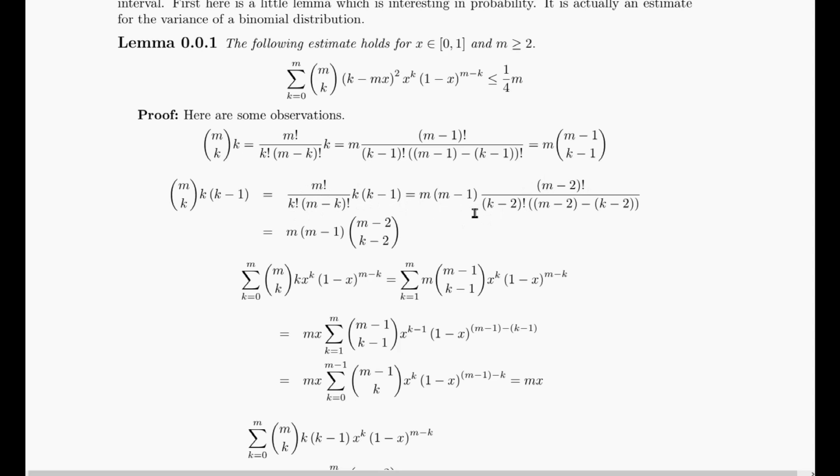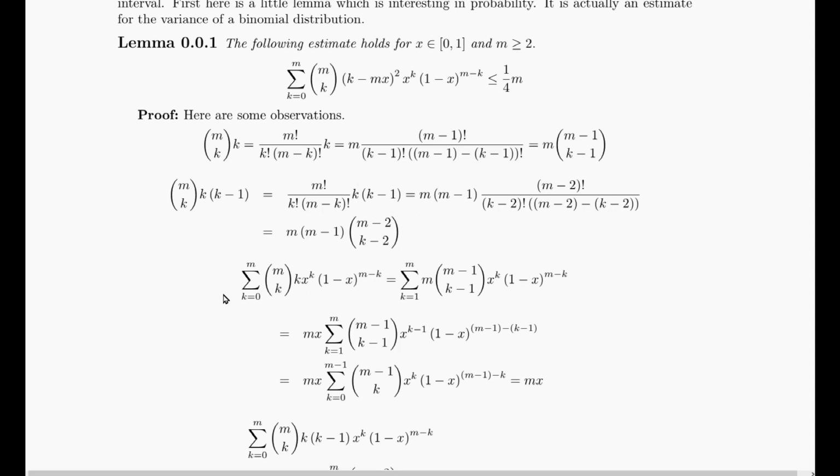So I have this. And now for the m minus k here, I'll write it as m minus 2 minus the quantity k minus 2. So if I look at what I've got, it's m times m minus 1 times m minus 2 things taken k minus 2 at a time. See, the binomial coefficient here.